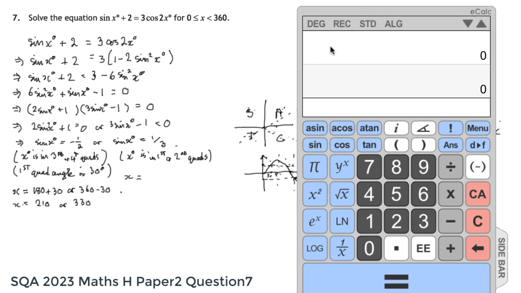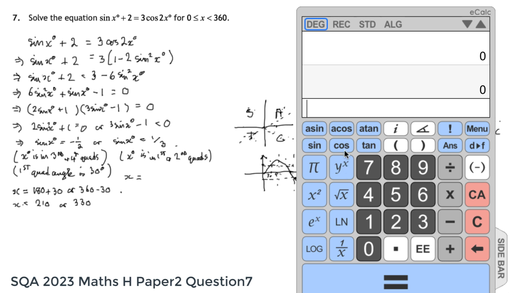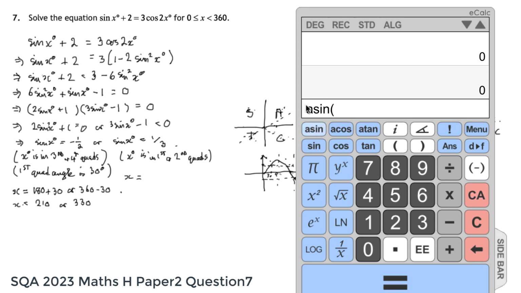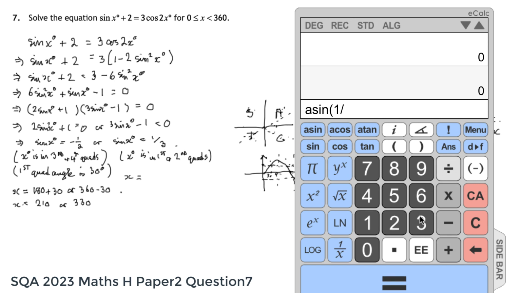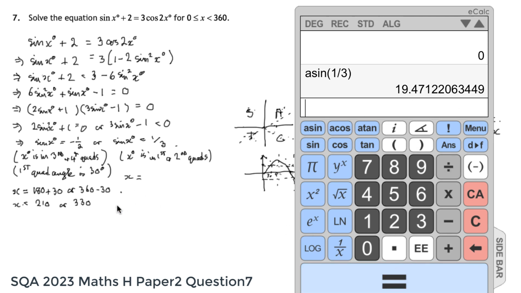Now make sure you're in degrees, not radians, and we want the angle whose sine is 1/3. On your calculator it might be sine to the -1, it might be arc sine, on mine it's a sine. So I'm wanting the angle whose sine is 1/3, 1 divided by 3, and there's the first quadrant angle.